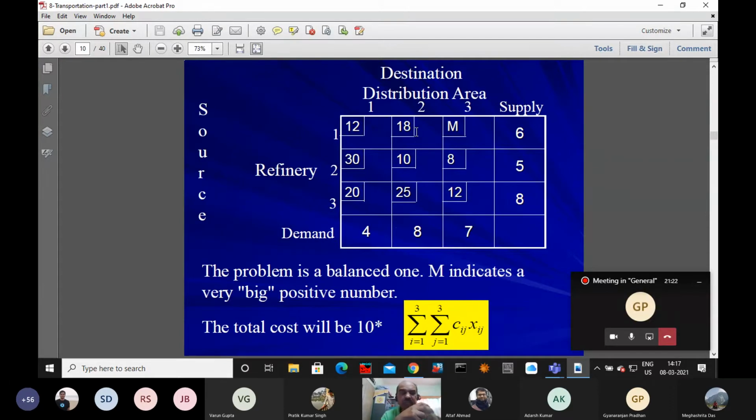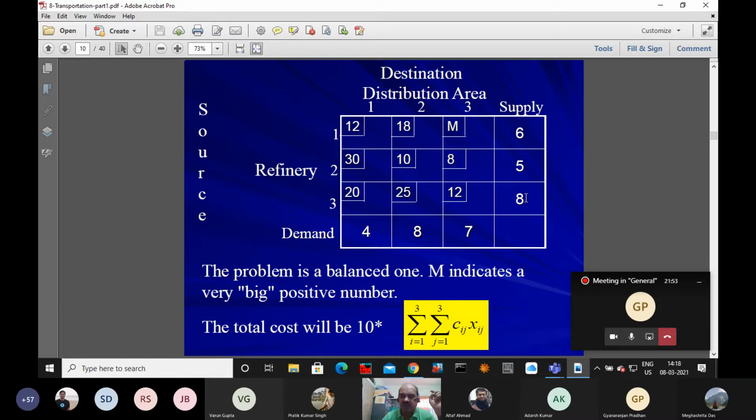Now, see another problem we have. We have 3 refineries, refinery 1, 2, 3, and they supply 6 units, second refinery 5 units, third refinery 8 units, altogether 6 plus 5, that is 11 plus 8, that is 19 units.